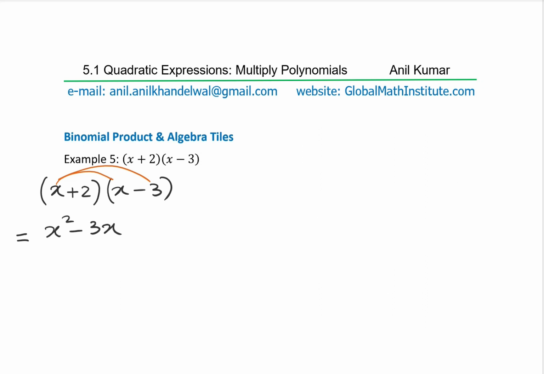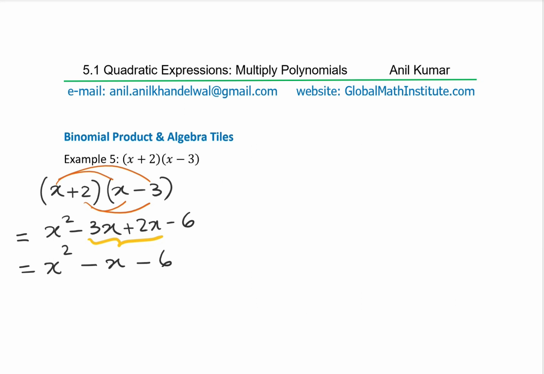And then we are going to multiply by 2, and what do you get? 2 times x is 2x, and 2 times minus 3 is minus 6. Now, we'll combine the like terms. These are the like terms which will be combined. So we have x squared minus x minus 6, and that becomes our result.